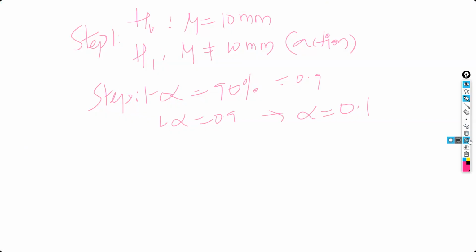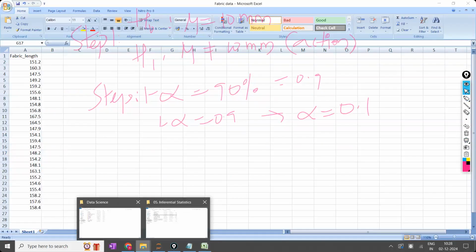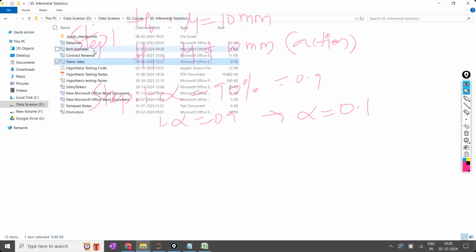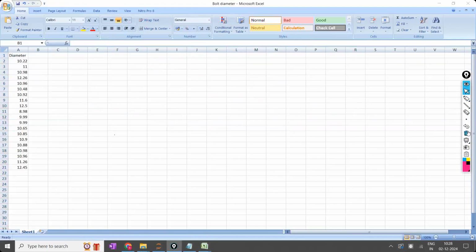Next, what is step 3? Check for normality. Data was given to us like this, the bolt diameter data. When the data is given, we have to load the data and check the skewness value.